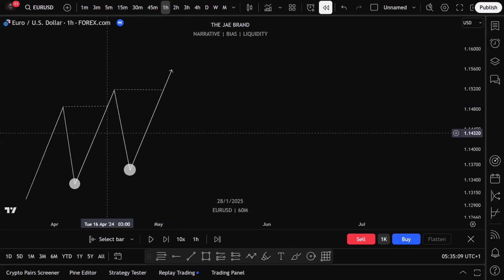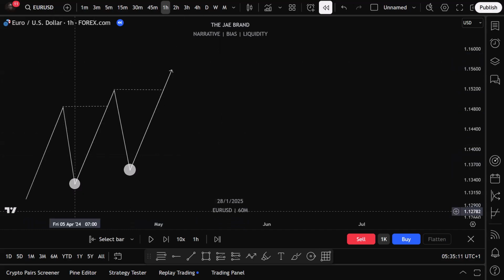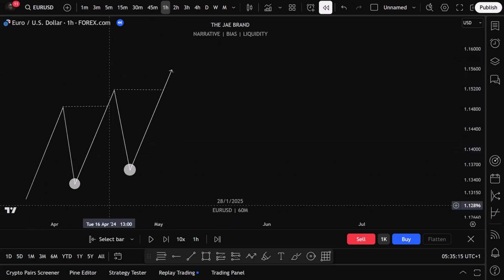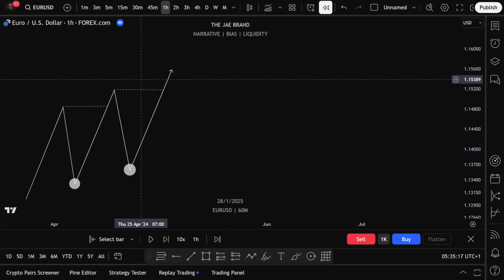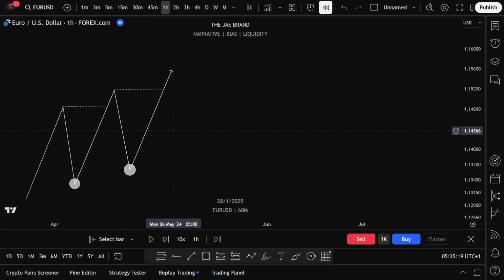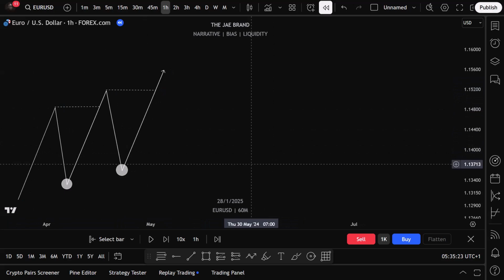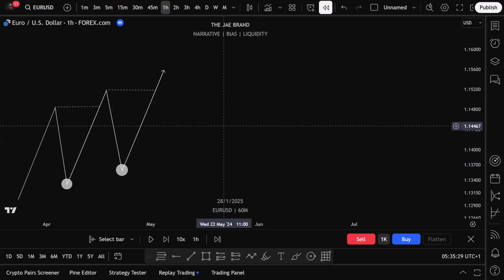Now, this is a simple textbook format. This is a simple template that you see in textbooks. But the market does not always present itself to you like this. In real life trading scenarios, the market presents itself with variations.